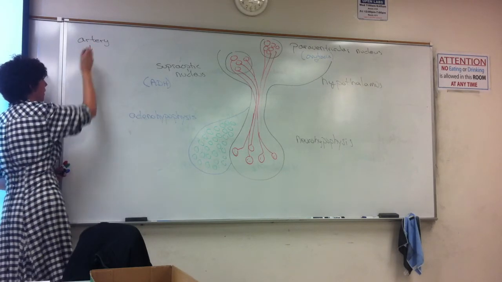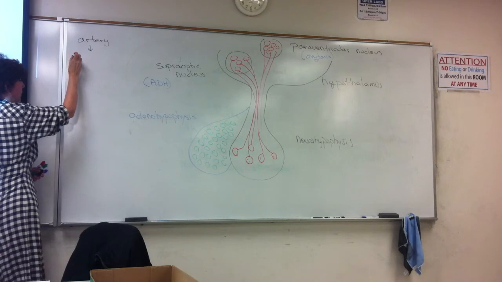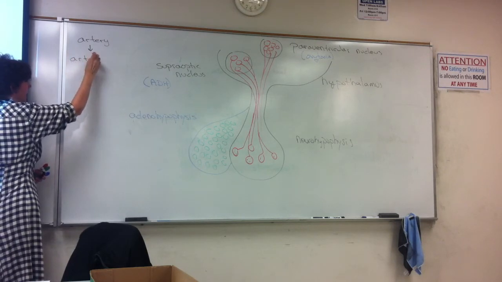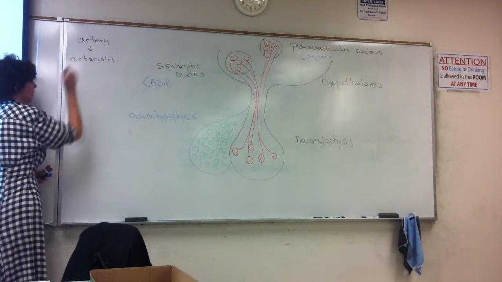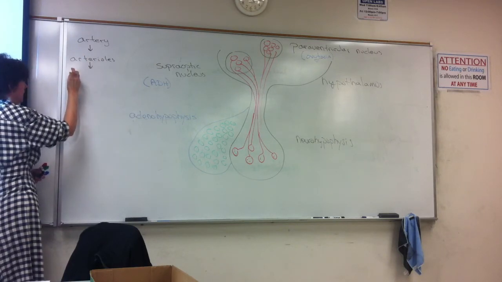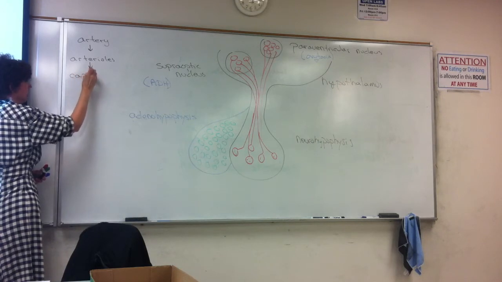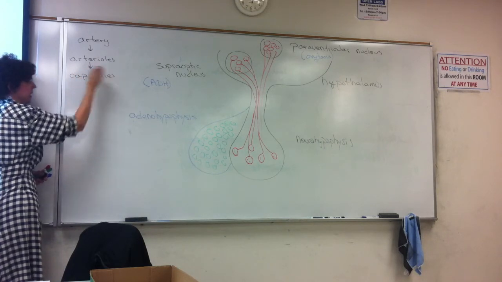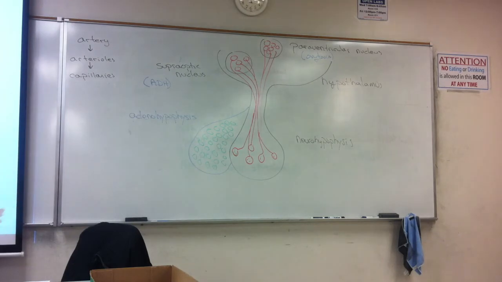As those get smaller in diameter and lose most of their smooth muscle, they are known as arterioles. Arterioles lose all their smooth muscle and the diameter becomes smaller, and we have capillaries. Capillaries are where we have exchange because they don't have any smooth muscle. It's just simple squamous epithelium. So this is where oxygen diffuses out, carbon dioxide diffuses in, glucose is transported across the membrane, and so on.